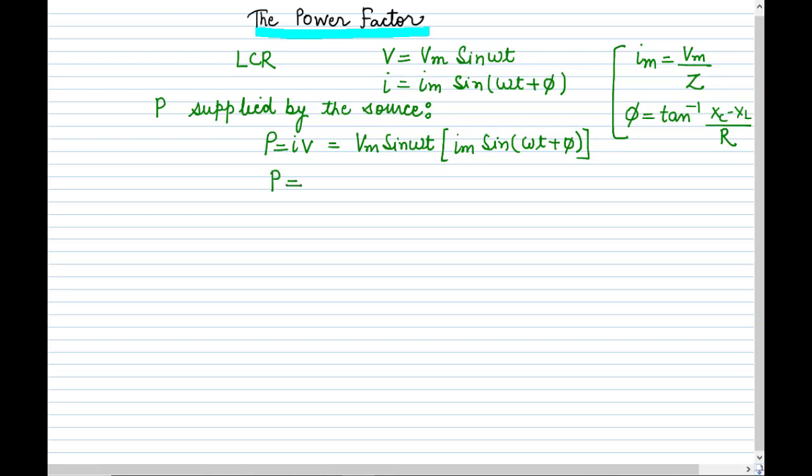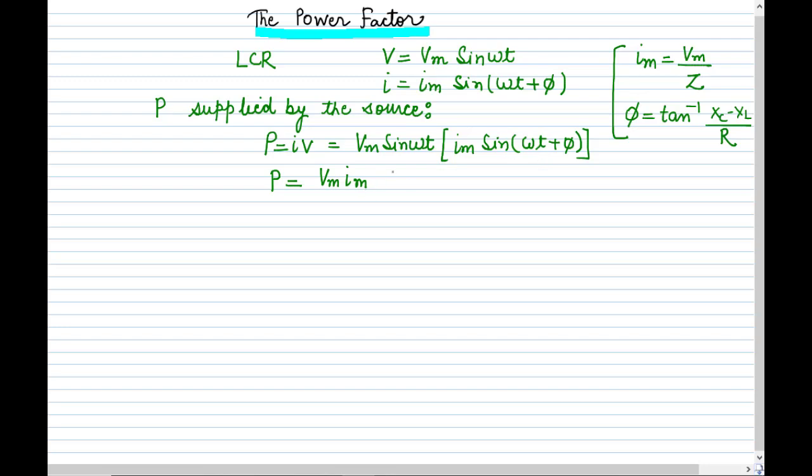Because Im is constant and Vm is constant, we can again write the power as Vm Im times sin omega t times sin (omega t plus phi). So this is sin A sin B. So 2 sin A sin B is given by cos (A minus B) minus cos (A plus B).